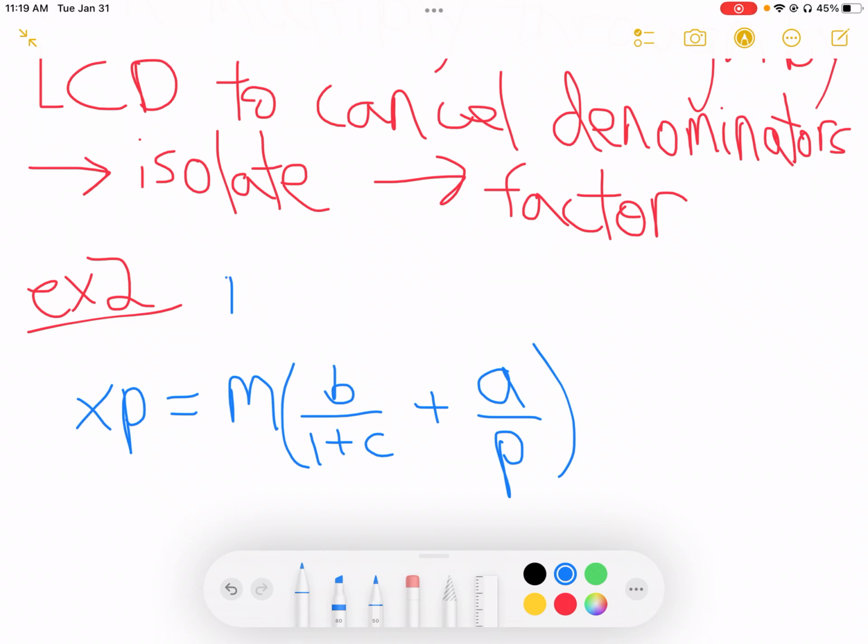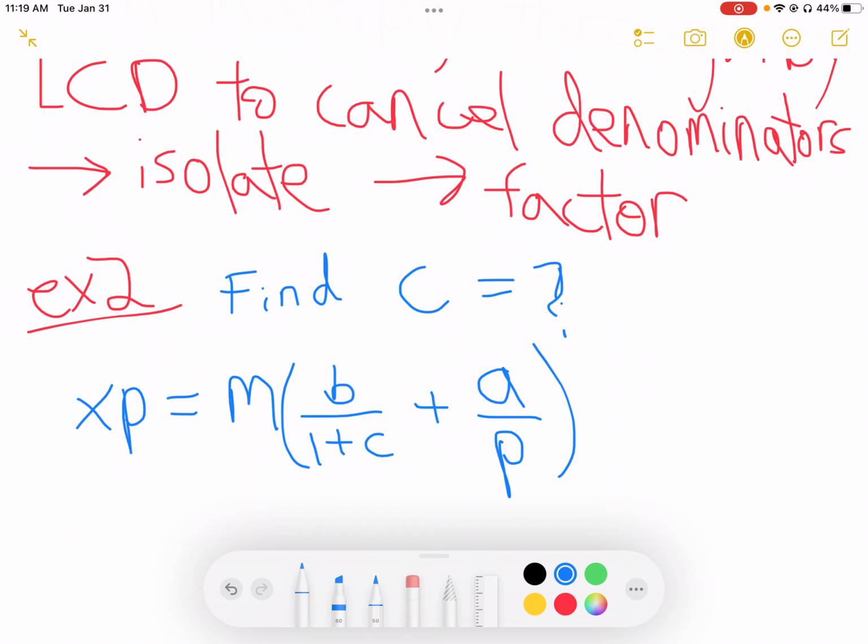They told us to find C, and it's not as simple as just saying, hey, I found C, it's right there. They want to get C all by itself. Find C equals something.